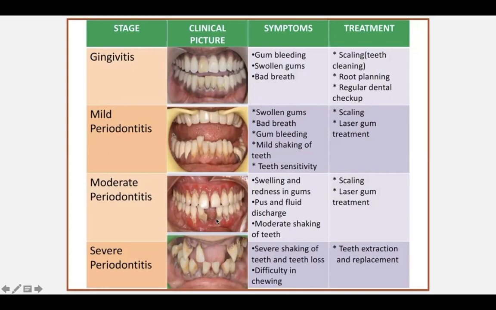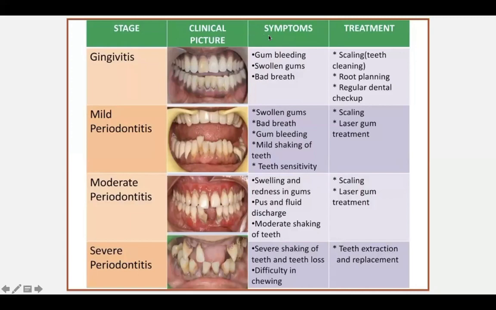Then moderate, you see the tooth is already lost, and the gums have receded a lot, exposing the teeth on the upper and lower jaw. Both have tartar, and the tartar and plaque built up definitely have bacteria, and swelling is abundant. And then we have severe periodontitis, where we can see some teeth are already lost, and the situation looks severe.